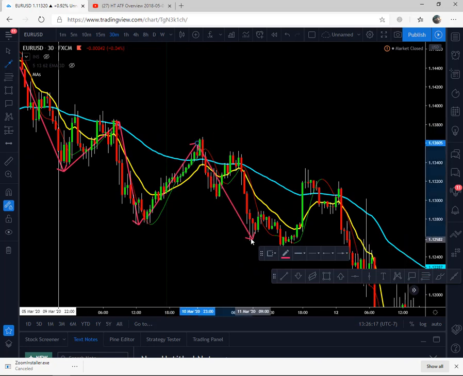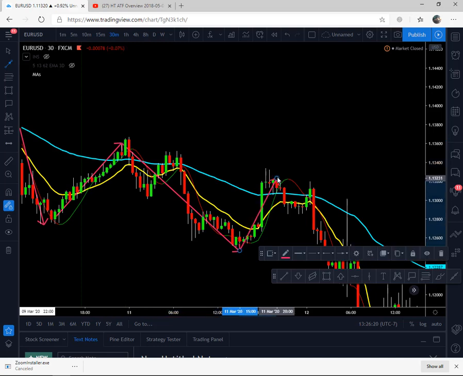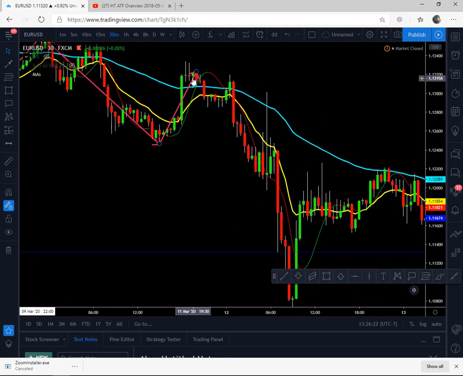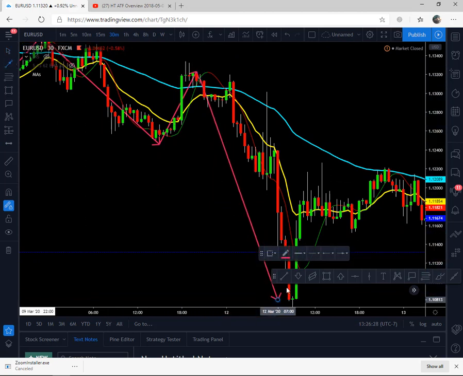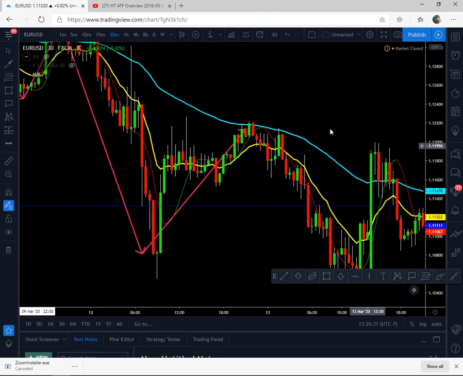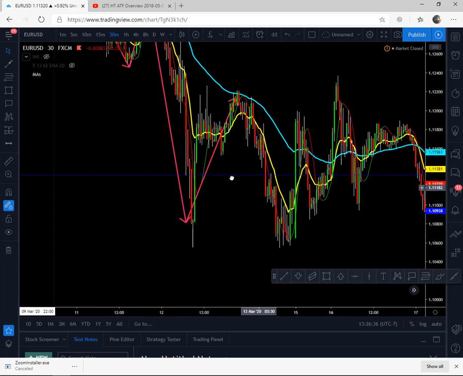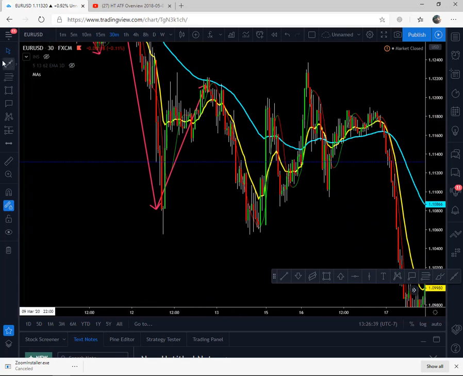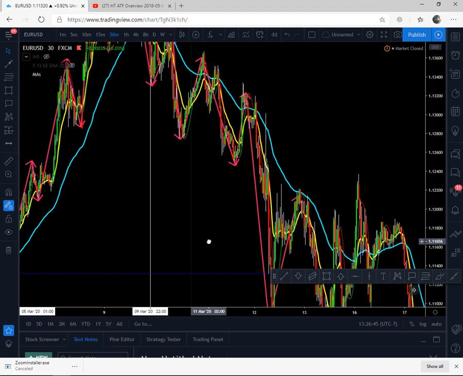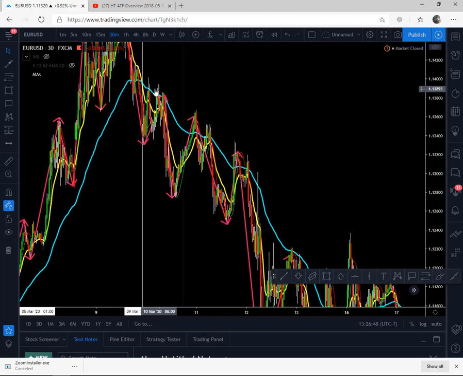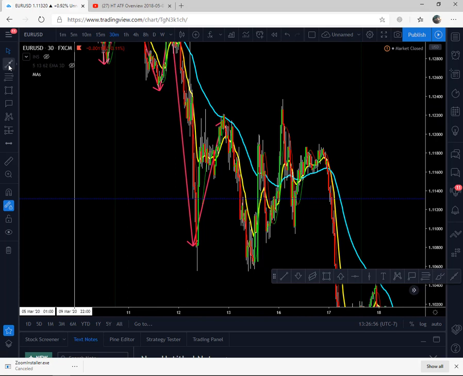As price remains beneath the 62, we clearly see that there was a downtrend. There was a change of direction where the 13 62 crossed up here, so price started to go down.